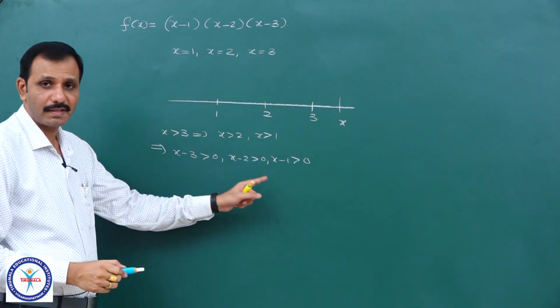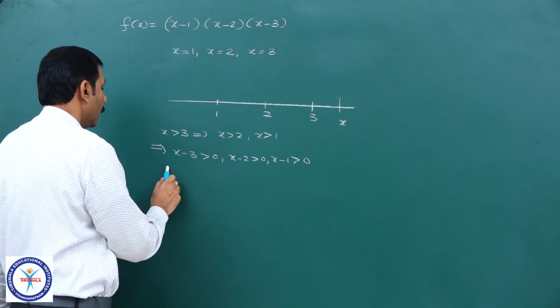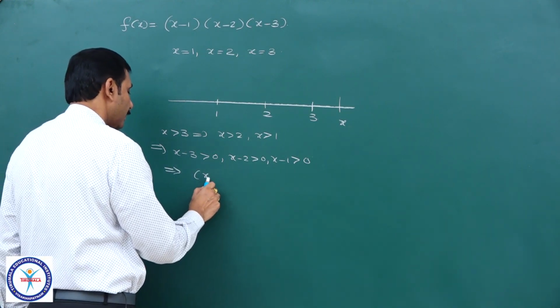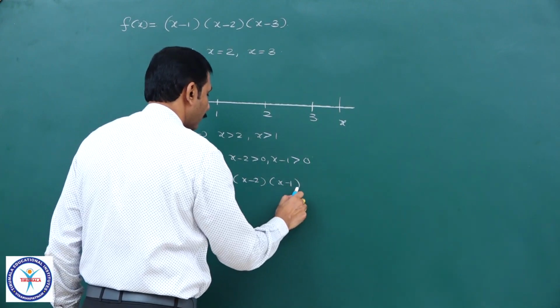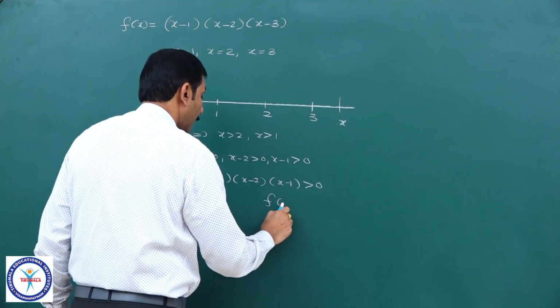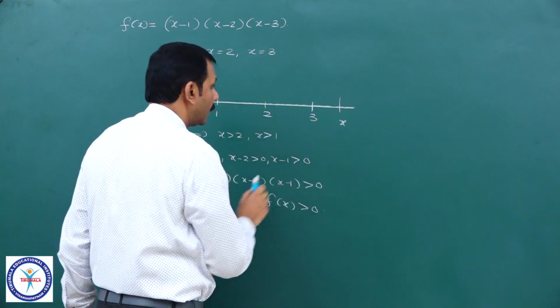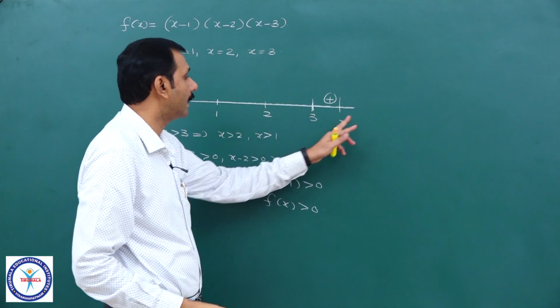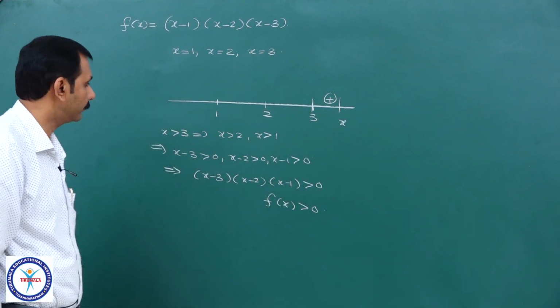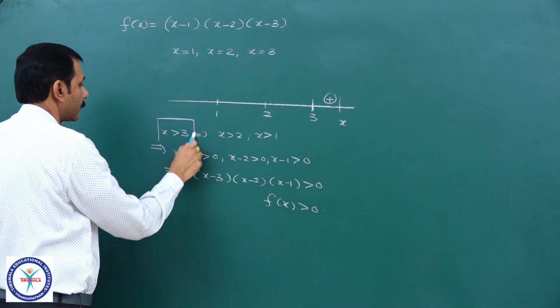Because all these three factors are positive, their product, x minus 3 into x minus 2 into x minus 1, is greater than 0, that is f of x greater than 0. Therefore, for all values greater than 3, f of x is positive.